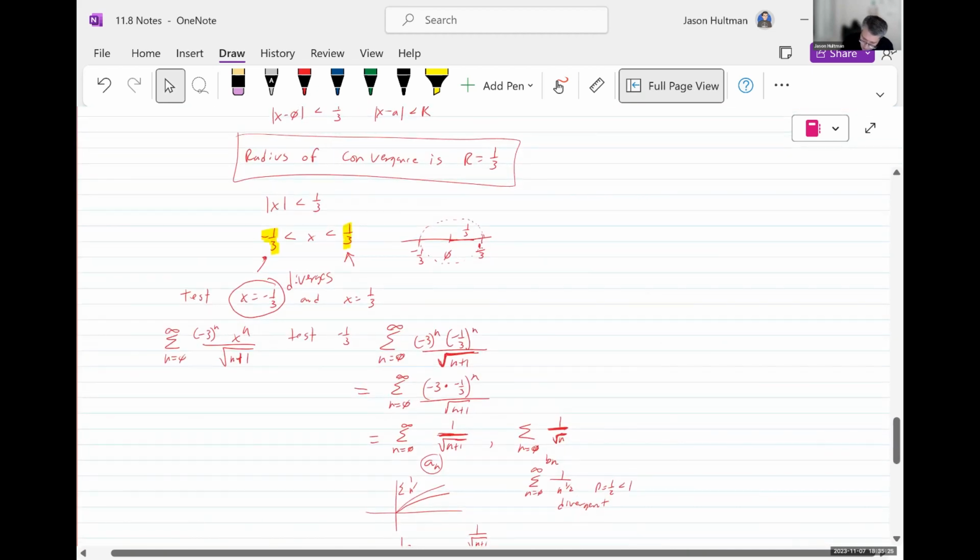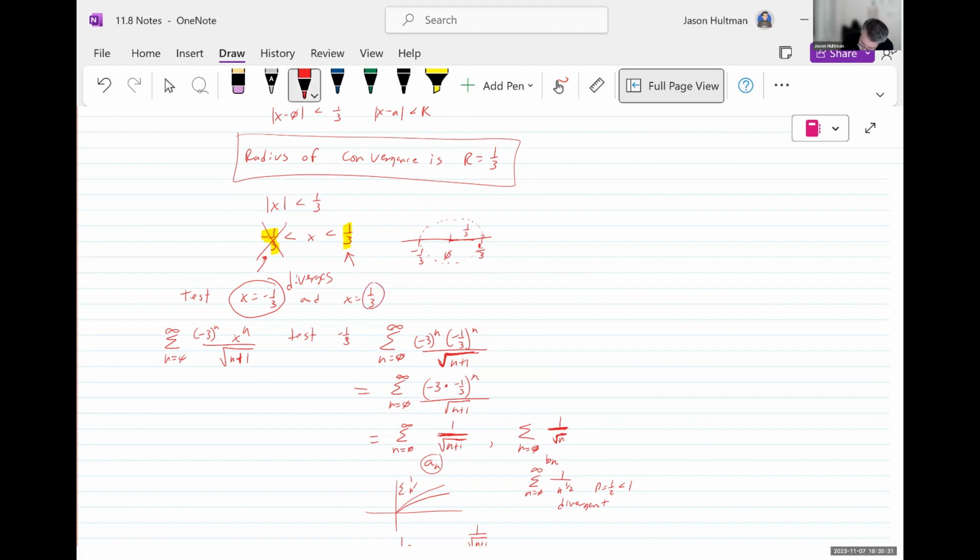Let's go back up here. X equals negative 1/3, I don't like you, you diverge. X equals 1/3 converges. You're in. And so what's my interval of convergence? My interval of convergence is negative 1/3 is less than x, which is less than or equal to 1/3. And that's my interval of convergence.